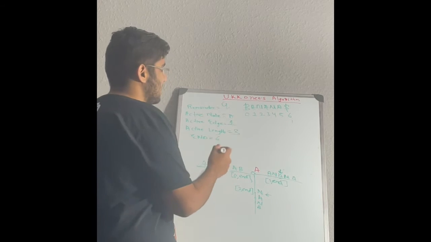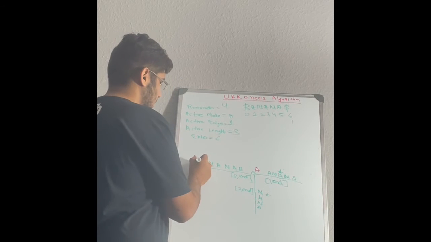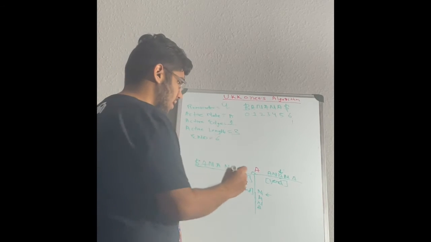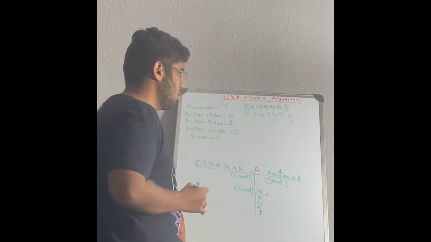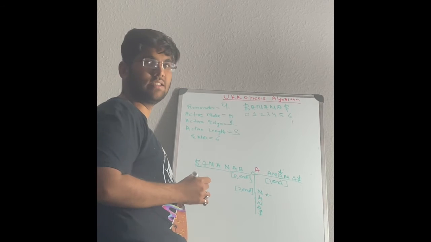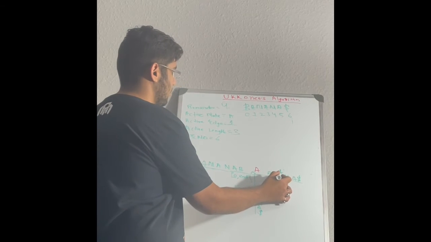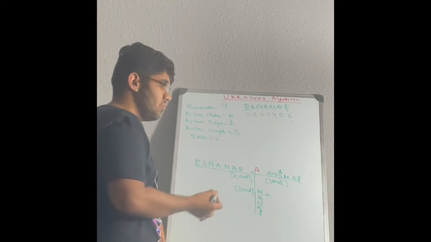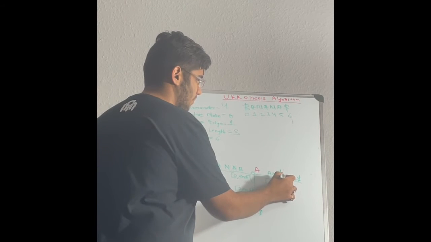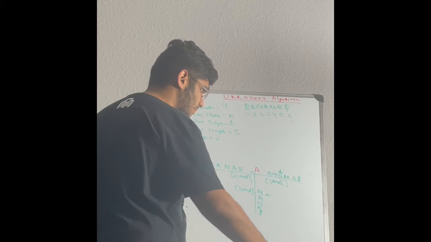So by rule 1 extension, we'll add the character value to all the paths. Now we'll see by rule 2 extension that after the node, do we have dollar, do we have a leaf? We don't have, so we'll add. We'll create a node here.